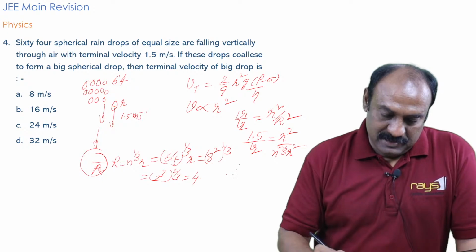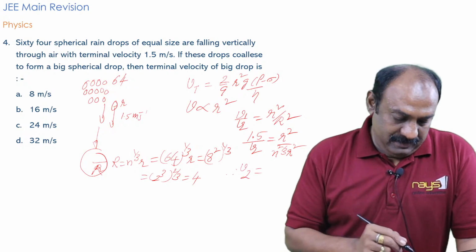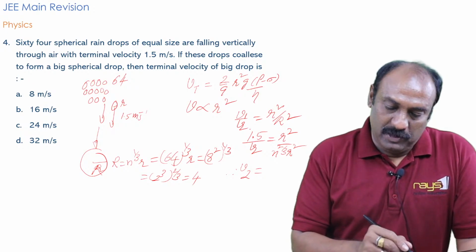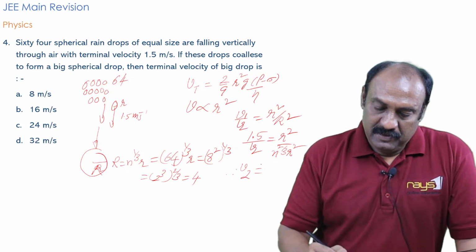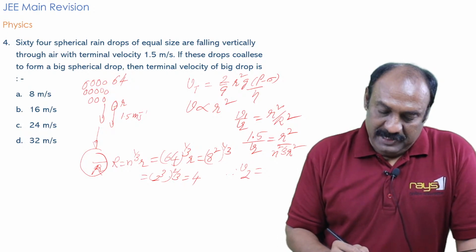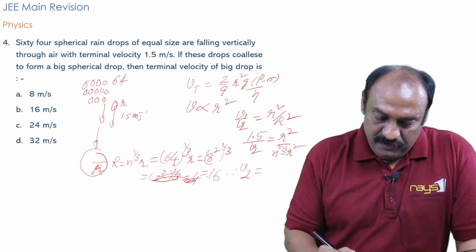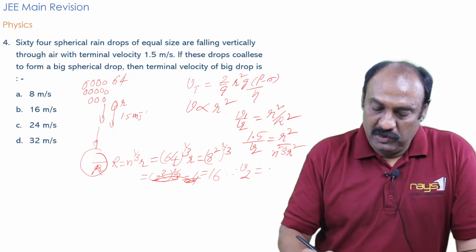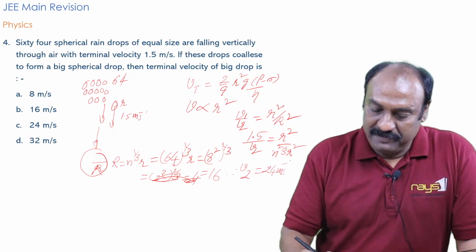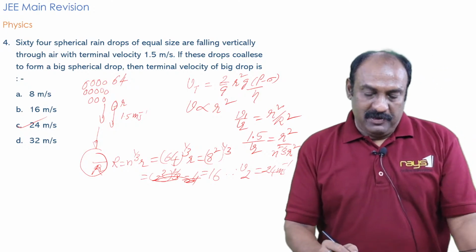From this we get V2 equal to 4 into 1.5, so the 3 gets cancelled, and it is 16. Therefore V2 is equal to 16 into 1.5, which is 24 meter per second, the answer for question number 4. Do the calculation here.